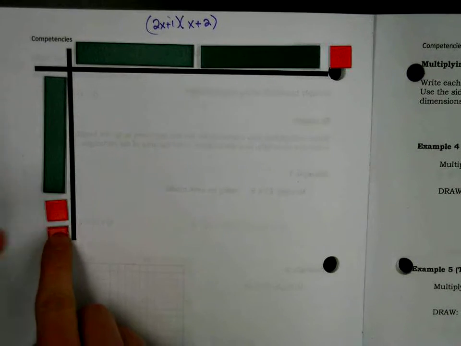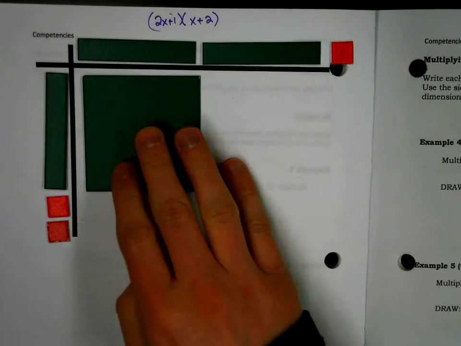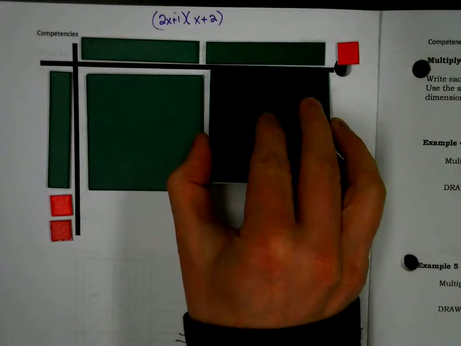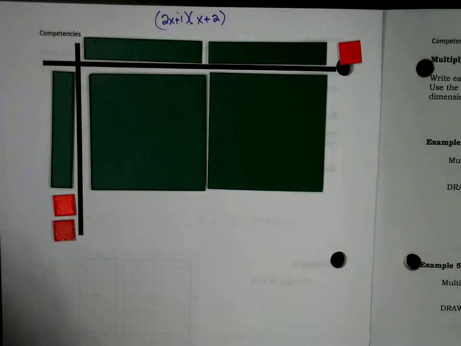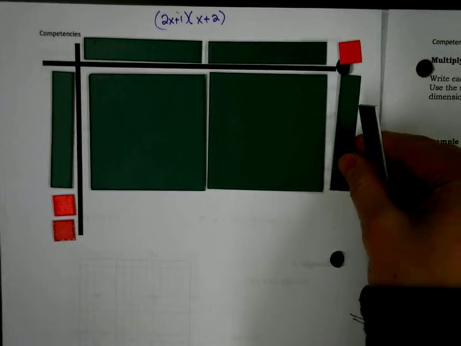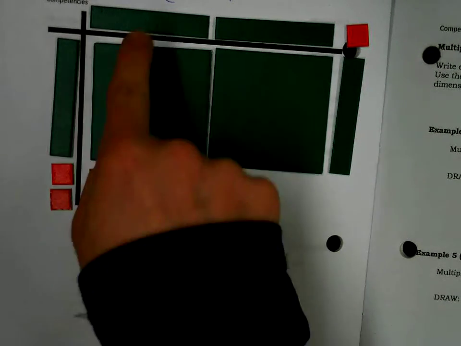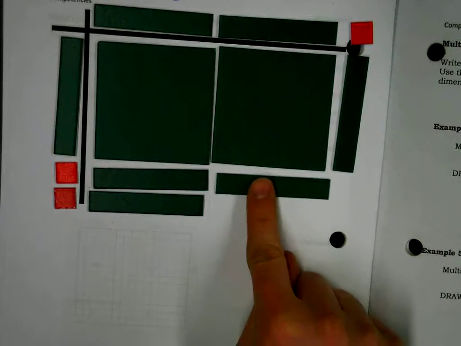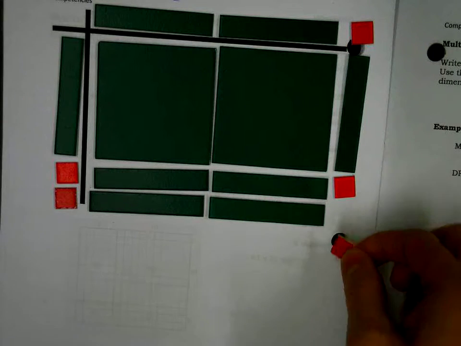What is created is a product, an area, and this can be represented with an x times an x length. That makes an x squared, and x times an x makes another x squared, and a few more x tiles. X times 1 makes x, x times 1 makes x, a few more, and then we have a few singles that are left over.